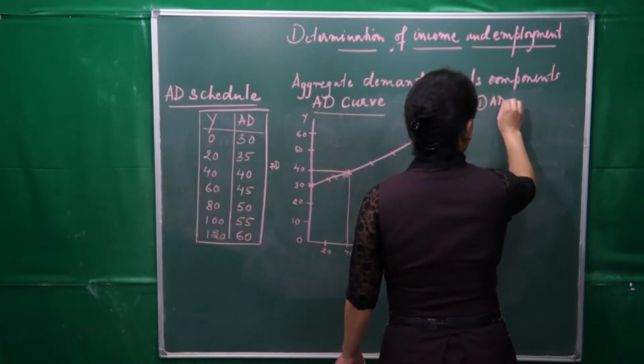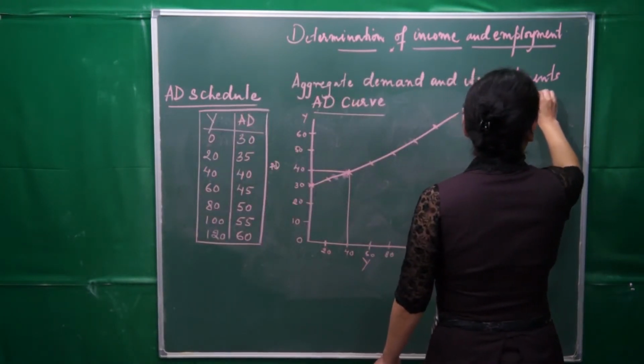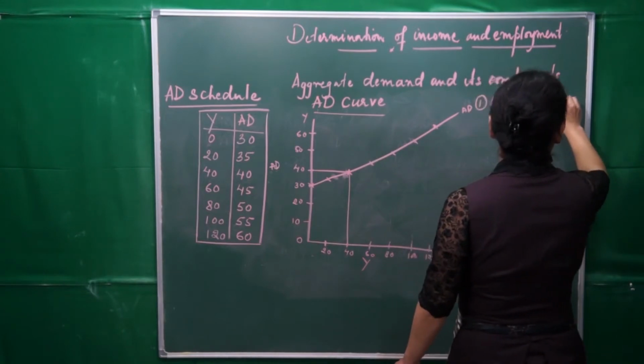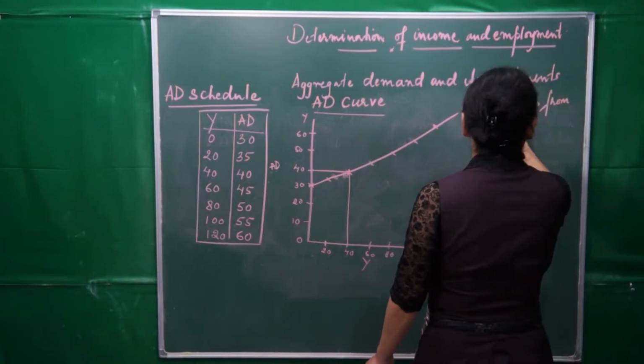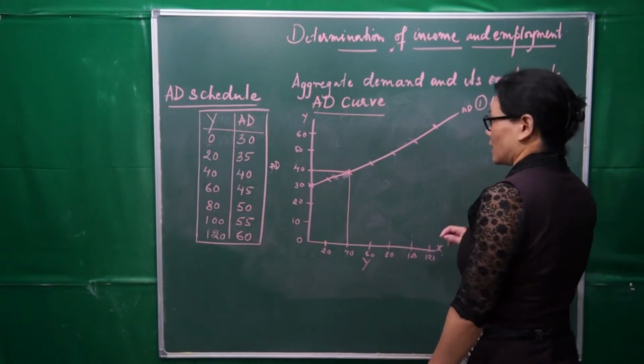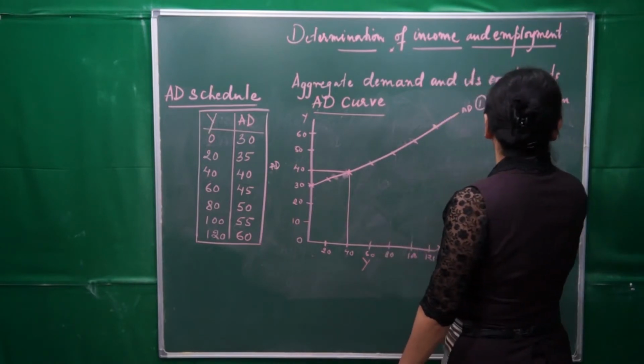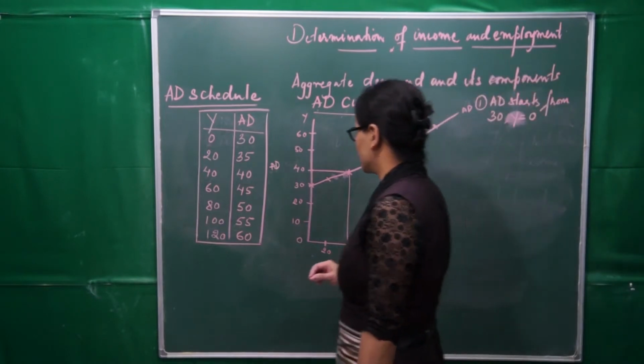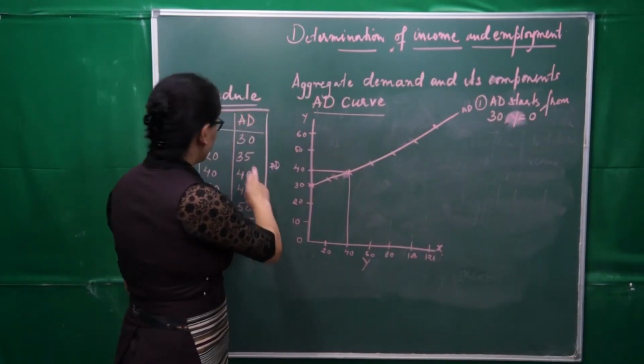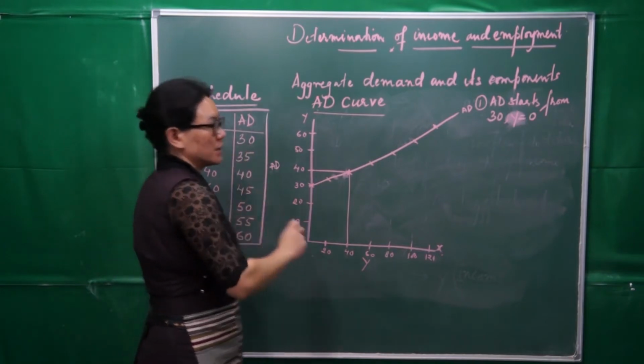So AD starts from where? Starts from 30. What is this? AD 30 shows when income is 0. What it shows? When income is 0, AD is 30, right?